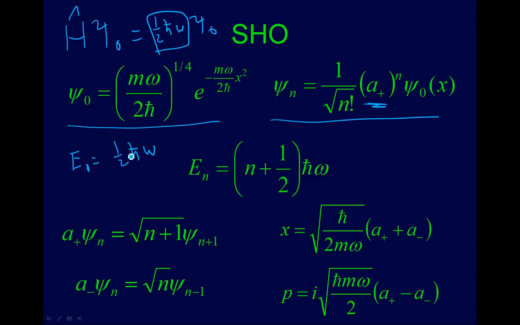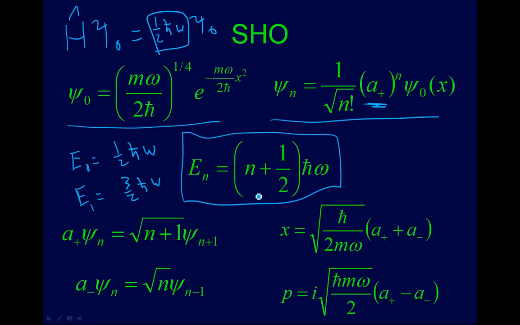We know from our equations before, the raising and lowering, that we add an h bar omega each time. So you can generalize the energy for each state. For instance, E1 would be 1/2 h bar omega plus h bar omega, so you get 3/2 h bar omega. And this is the equation that generalizes.